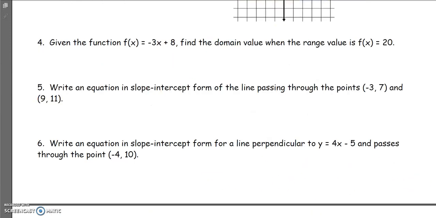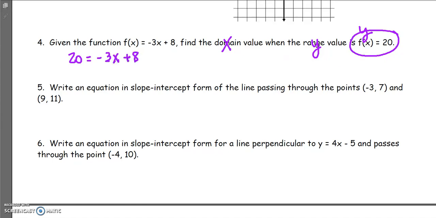Number 4 is asking, given the function f of x equals -3x plus 8, find the domain value when the range value is f of x equals 20. So domain value is x, range value is the y, so they're giving us the y, and we're trying to find the x. So I'm going to have 20 equals -3x plus 8.